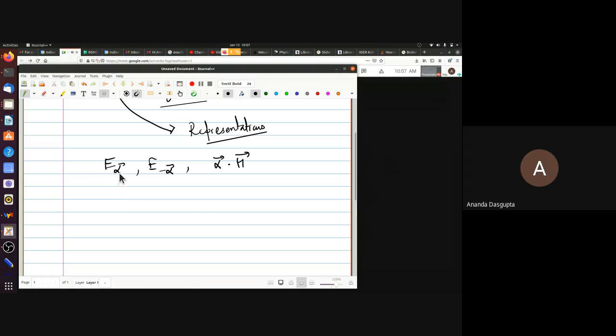In particular, if you choose the proper scalings, which is you divide E alpha and E minus alpha by the length of the root vector alpha, and divide alpha dot H by alpha vector square. These are just rescalings of these operators. These give you E plus, E minus, and E3.